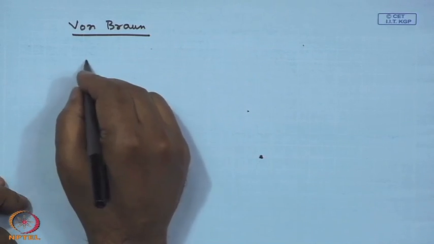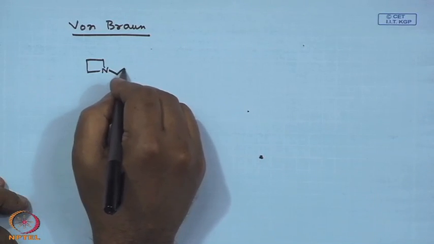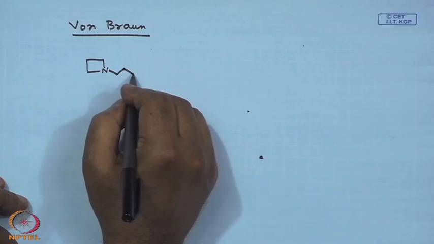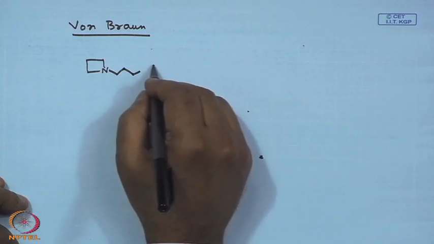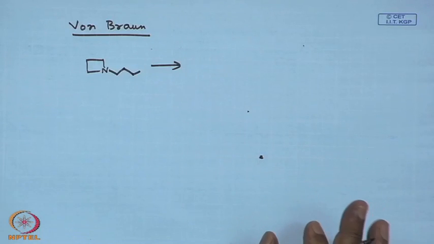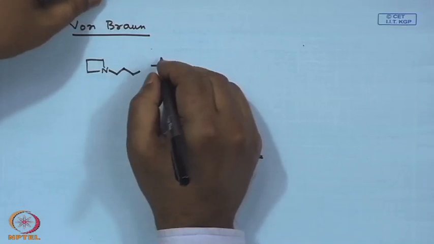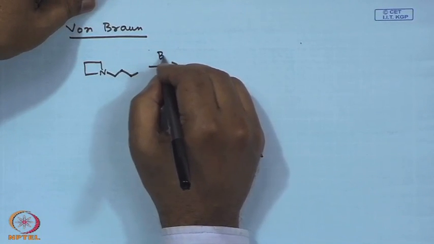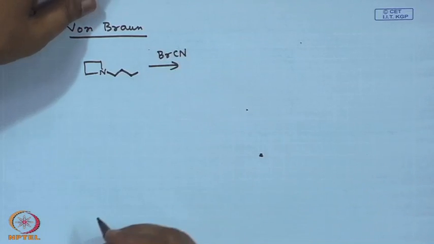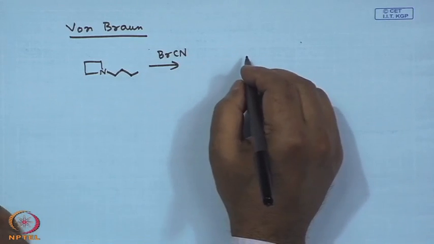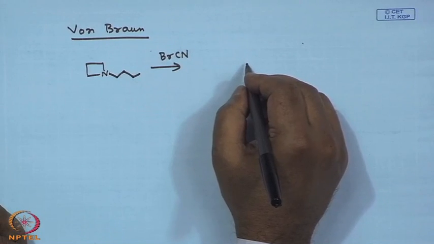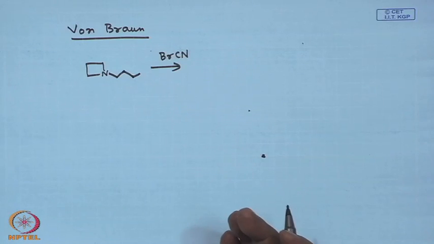For example, if you take N-butyl azetidine, the only reagent that is actually used in this reaction is cyanogen bromide. So, what do you expect? You have a tertiary nitrogen here, and the name tells you cyanogen bromide: which one is positive, which one is negative?